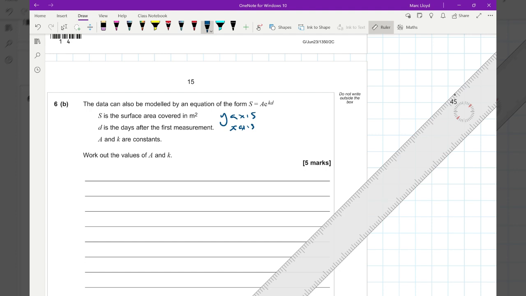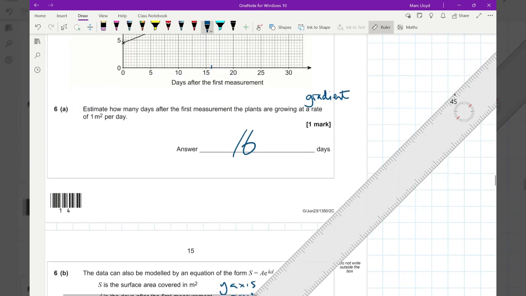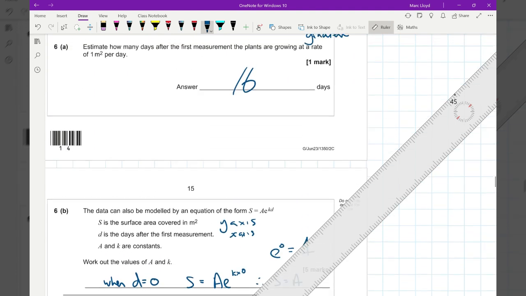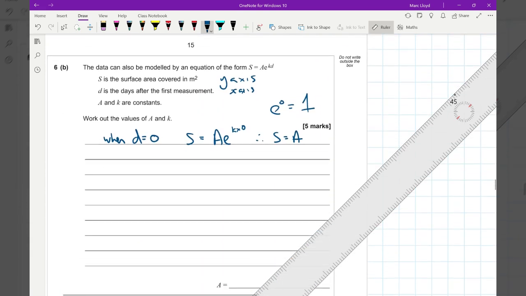Work out the value of A and of K. So when D is equal to 0, then S will equal A times e to the K times 0, which is e to the 0, and e to the 0 equals 1, and therefore S will equal A. And at this stage, our S value is the 4.5. So therefore, A equals 4.5.